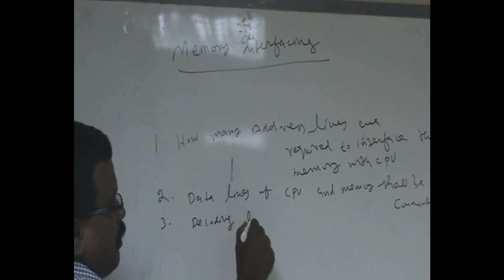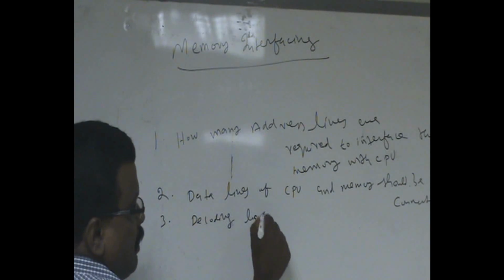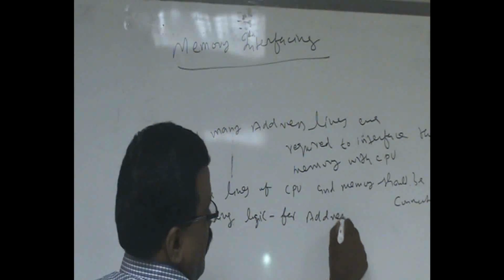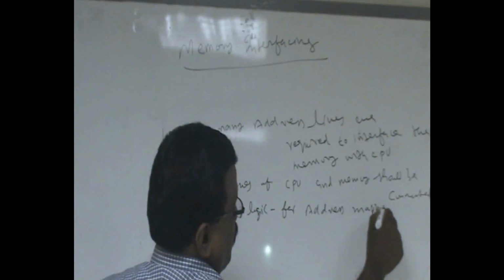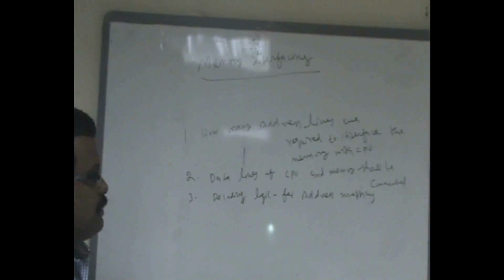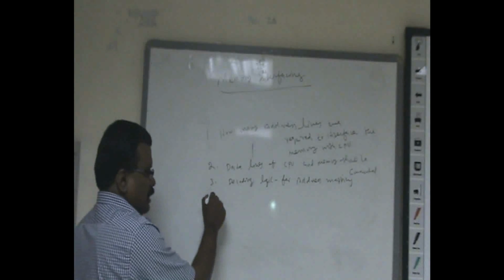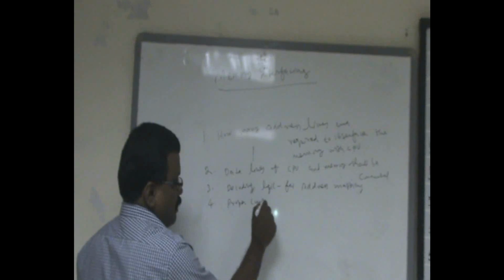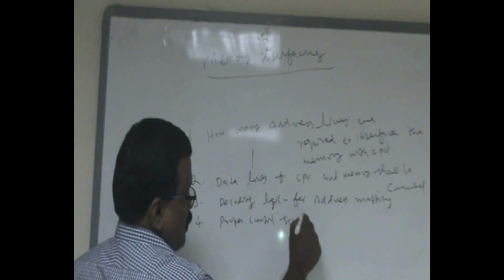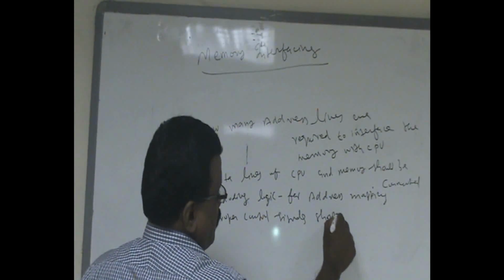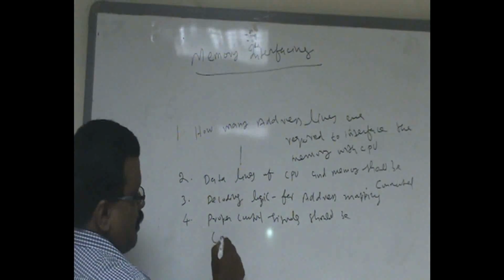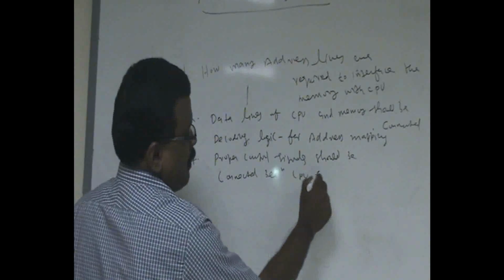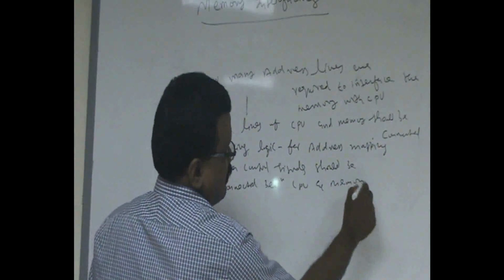A proper decoding logic should be designed for address mapping. And one more thing is, the proper control signals should be connected between CPU and memory. These are all the 4 steps.